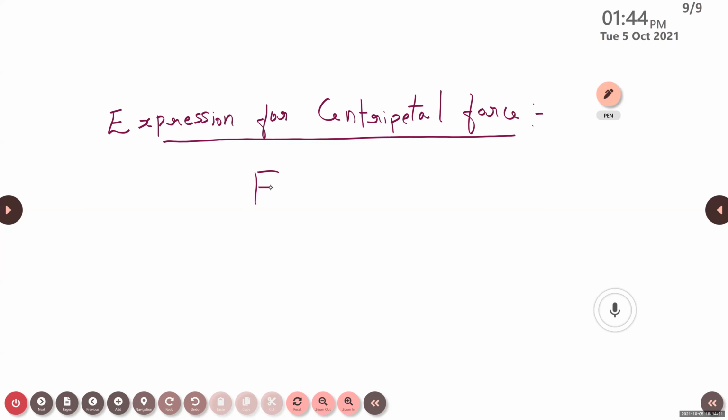Expression F is equal to ma. It is the product of mass and acceleration. The force acting on an object can be calculated by the equation F is equal to ma.